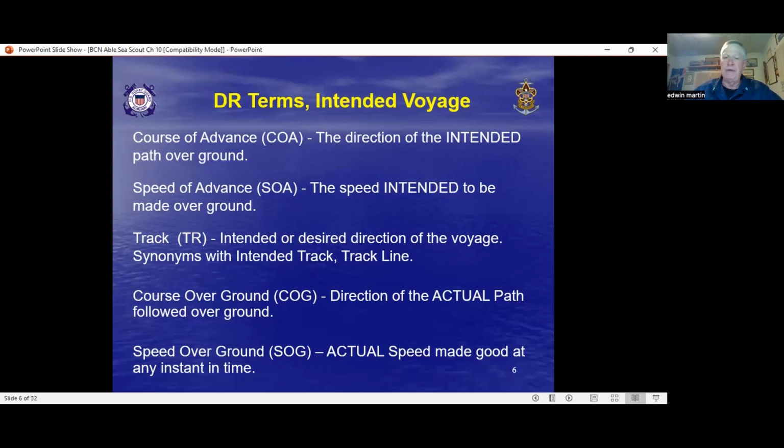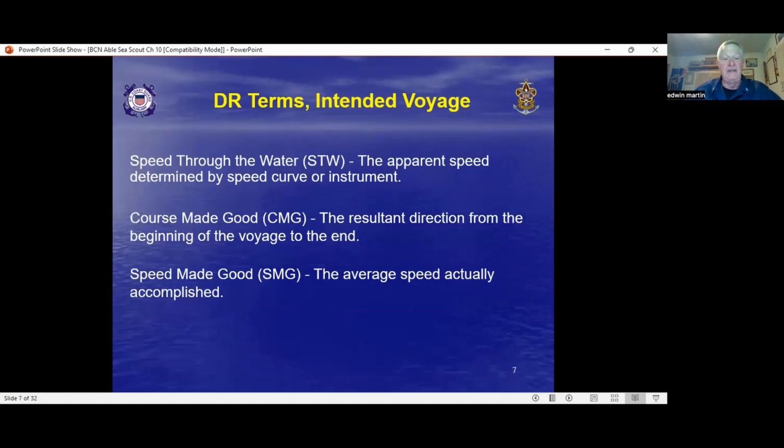I know that it gets a little complicated sometimes, because course over ground, speed over ground, course of advance, those things tend to get a little bit blurred after a while. So it's nice to have a definition associated with them.